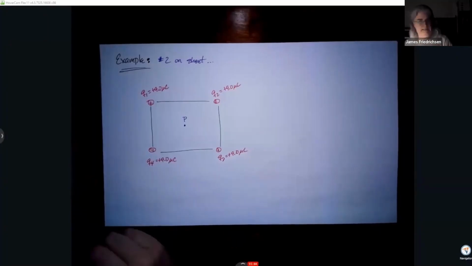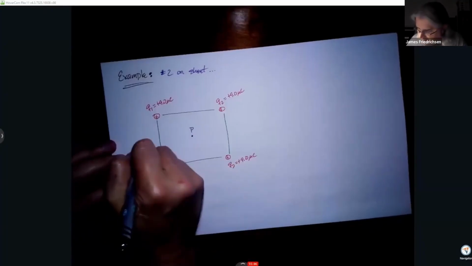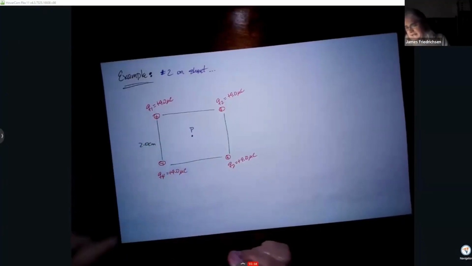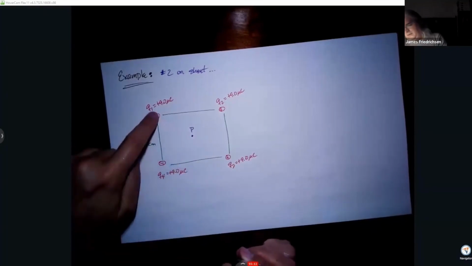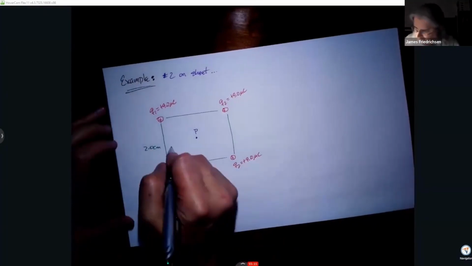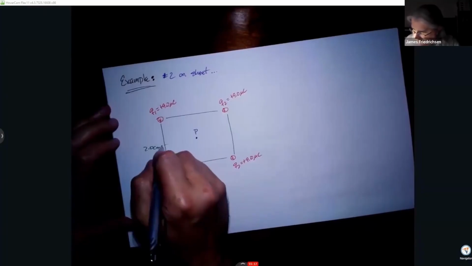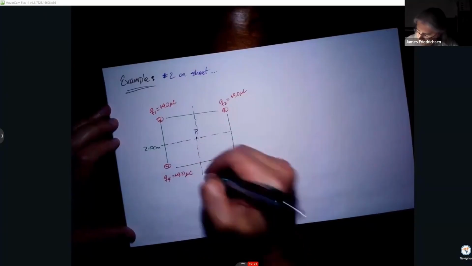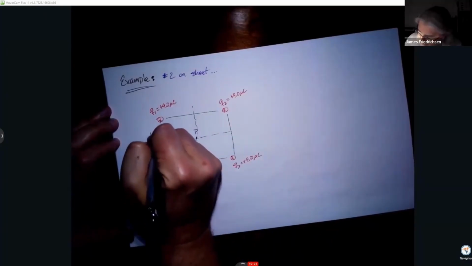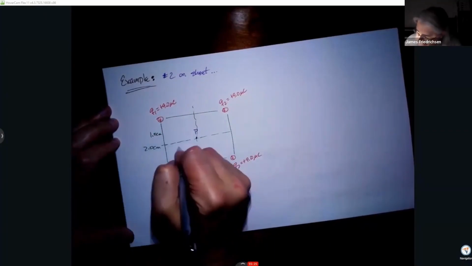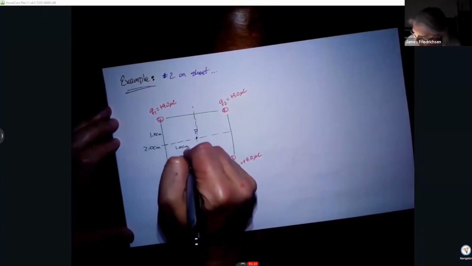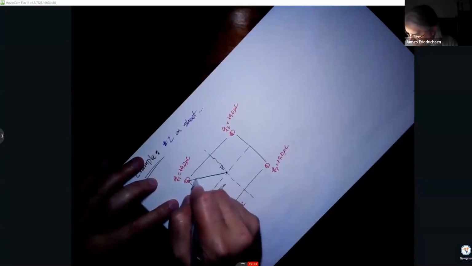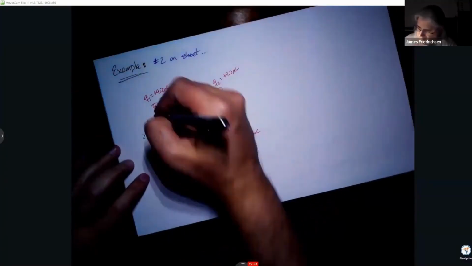Okay. And they said that this was our 2 centimeters. So what we're going to need is the distance from the charge to the point. If we divide this in half, and divide this in half, then this would be 1 centimeter here, and this would be 1 centimeter here. And we get a nice right triangle.